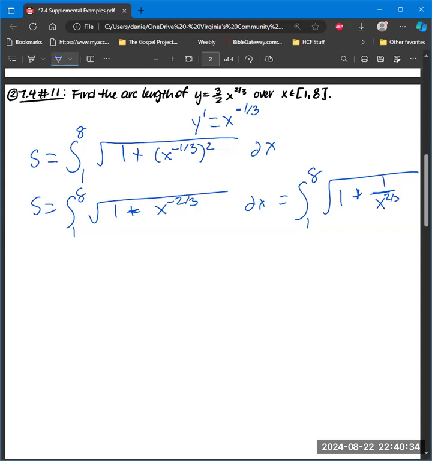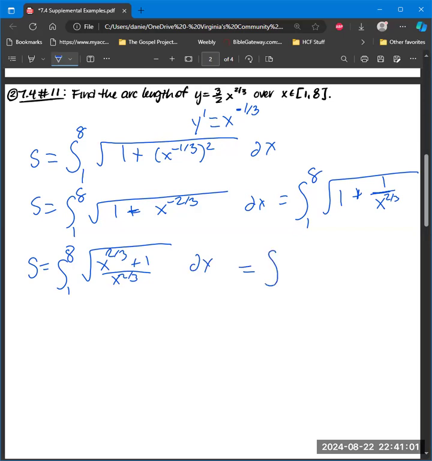I'm going to make a common denominator here, and s is equal to the integral from 1 to 8 of the square root of x to the 2/3 plus 1, with x to the 2/3 as my common denominator.